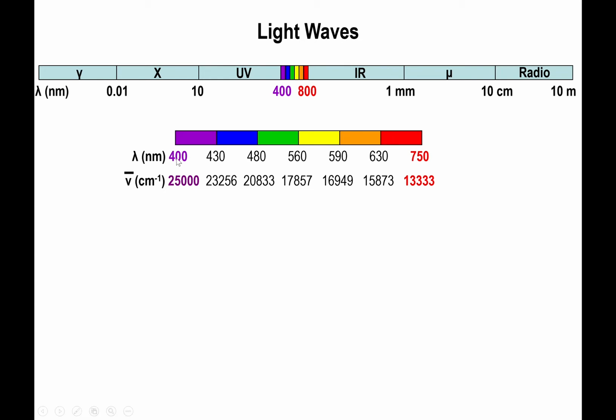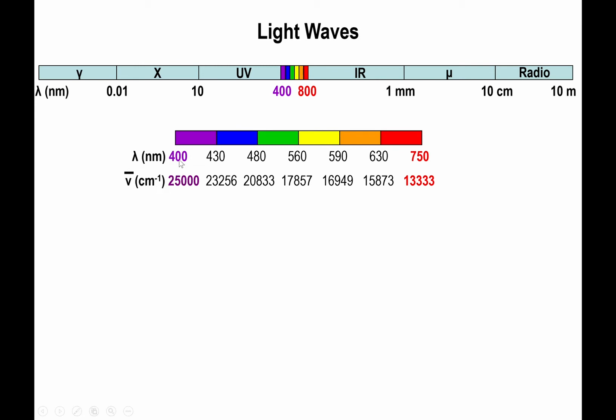And the idea right here is that to go from nanometers to inverse centimeters, also known as wave numbers, technically what you have to do is convert nanometers to centimeters, right? So you'll have to do that conversion first, and then take the reciprocal of that answer in order to get inverse centimeters.